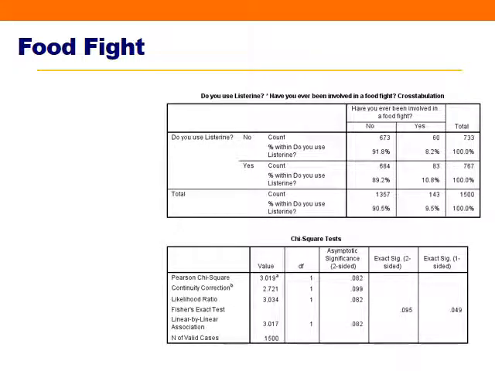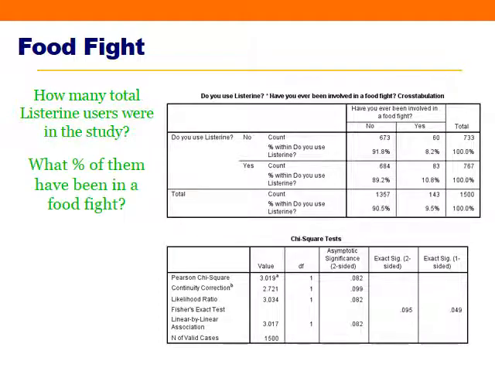Before I interpret this output, I'm going to show you a few questions on the screen, and I encourage you to pause this video and try to answer these questions on your own before I give you the answers. First, how many total Listerine users were in this study? Second, what percentage of Listerine users have been in a food fight before?